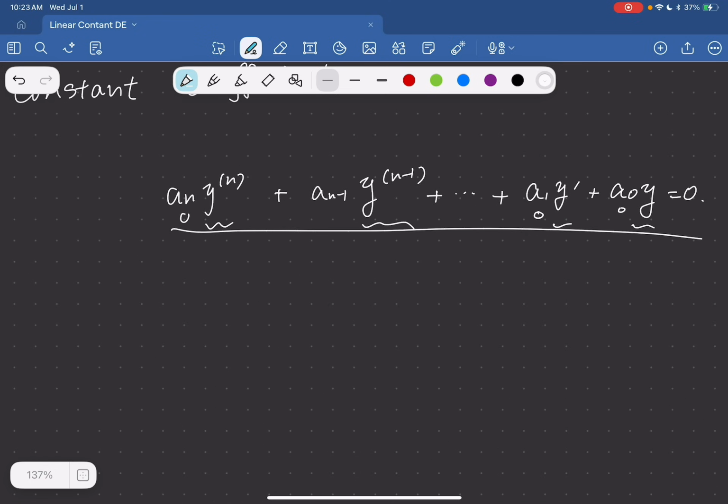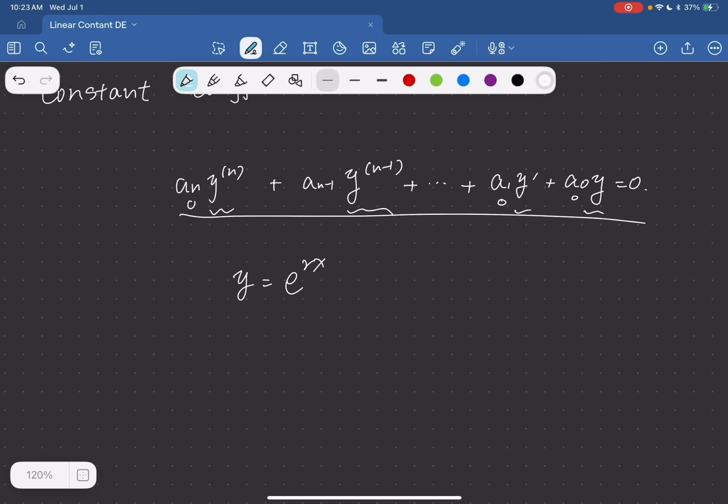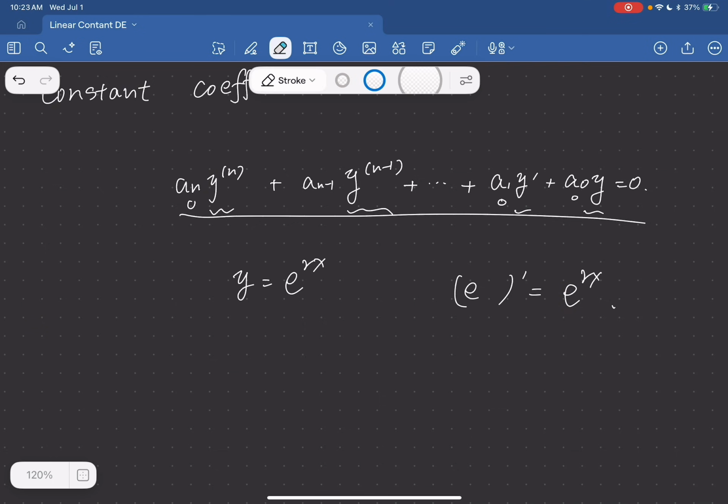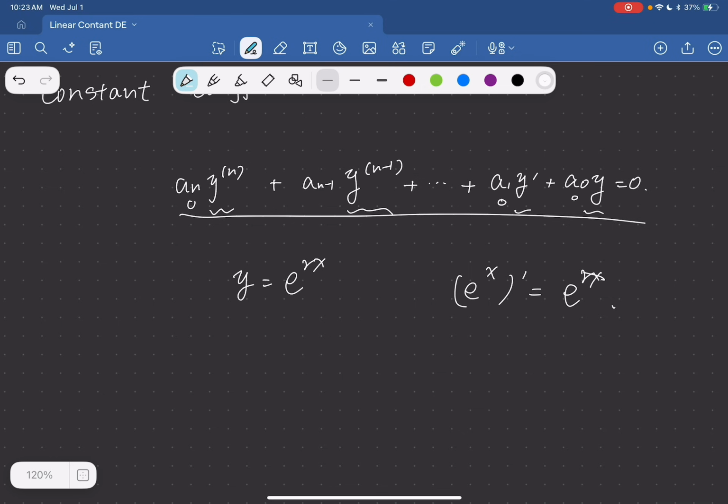An important assumption we make is still y is equal to e to the rx. Like I mentioned in the previous video, it's because the exponential law in the derivatives tells us no matter how many times you take the derivative, it will always equal a multiple of itself.